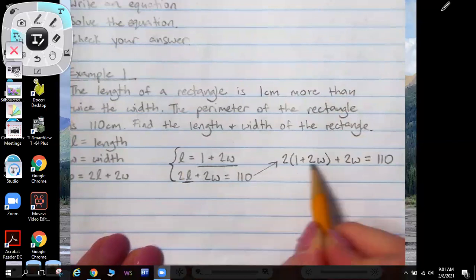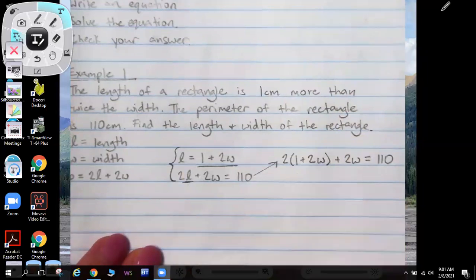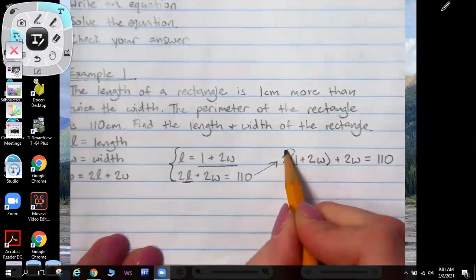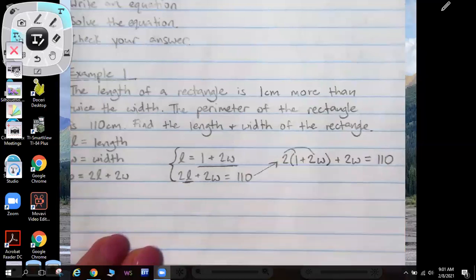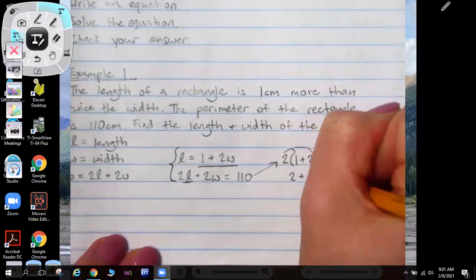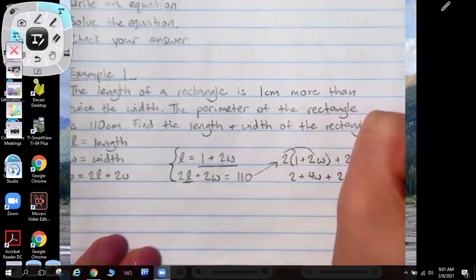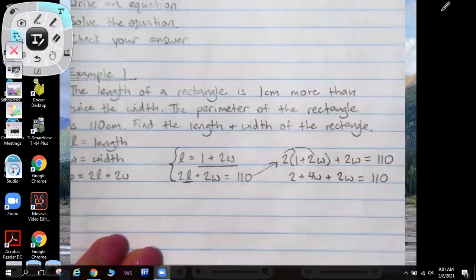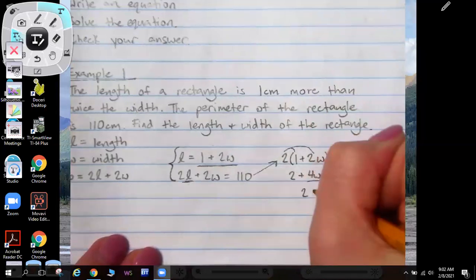Now we have an equation that only has one variable, so I should be able to solve for that variable. So get rid of the parentheses by distributing this 2. We get 2 plus 4W plus 2W equals 110. We can combine like terms. 4W plus 2W is 6W.